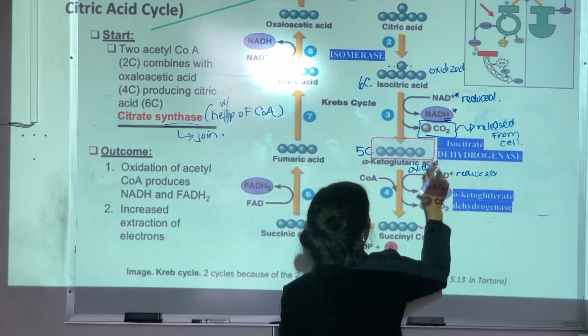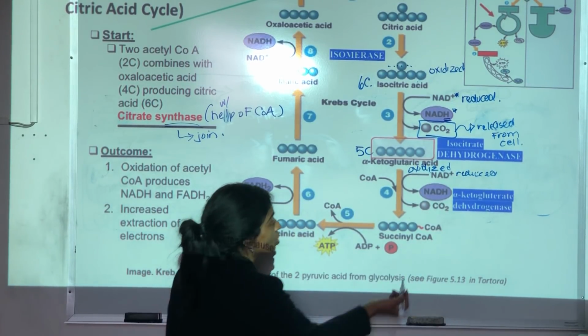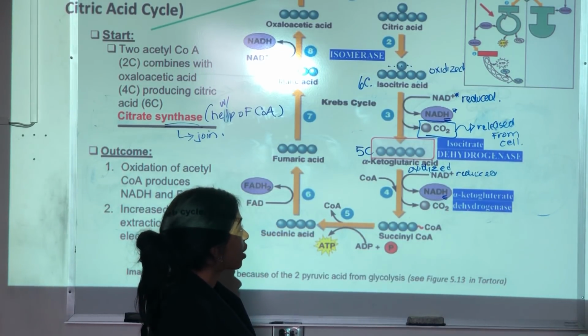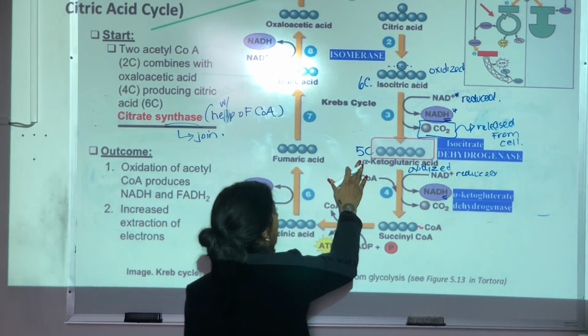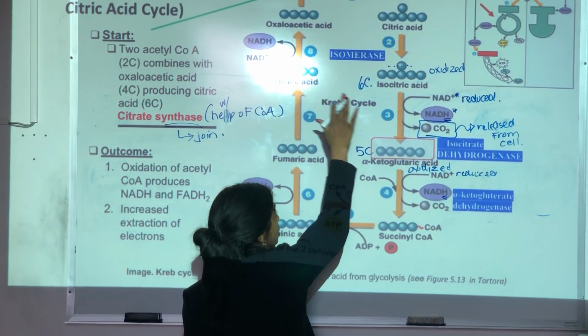Okay, so again, our redox reactions. So NAD, when it picks up an electron, gains an electron, now becomes NADH. Right? And the carbon molecule is always going to be oxidized. The carbon molecule that came from acetyl-CoA, right? So the same dots, right?